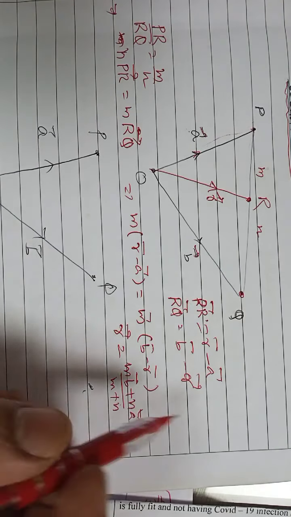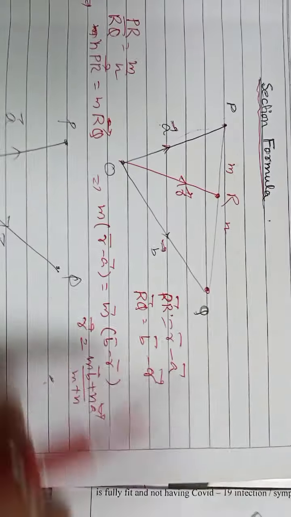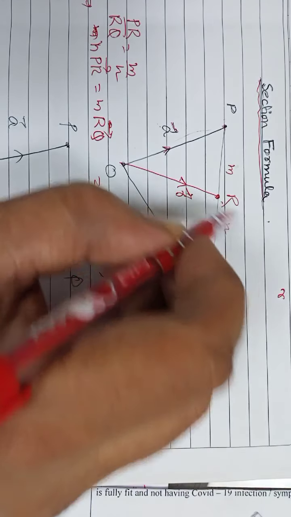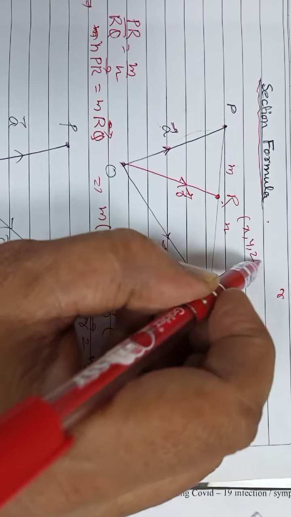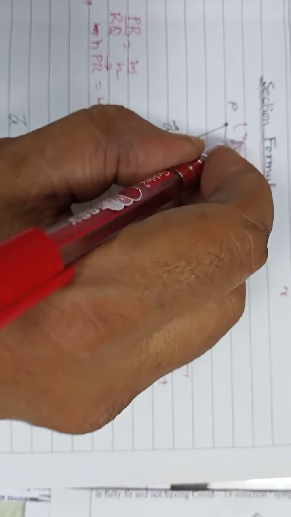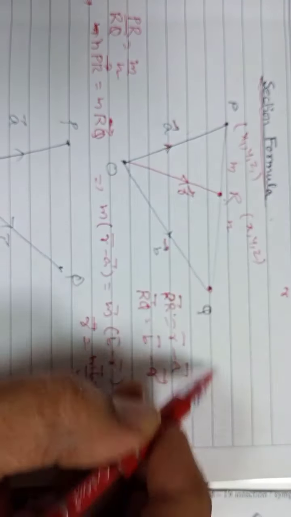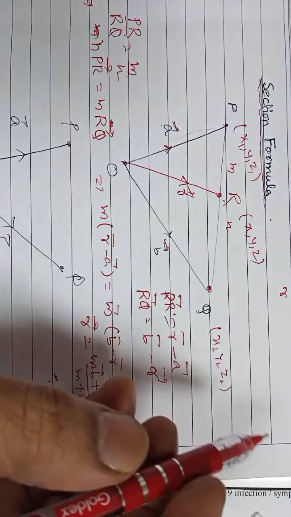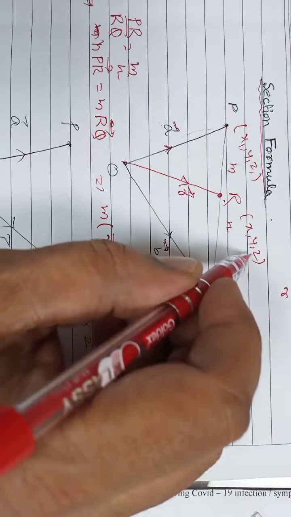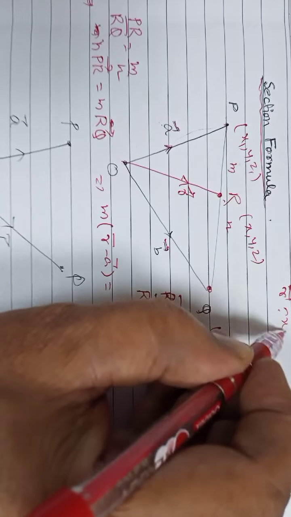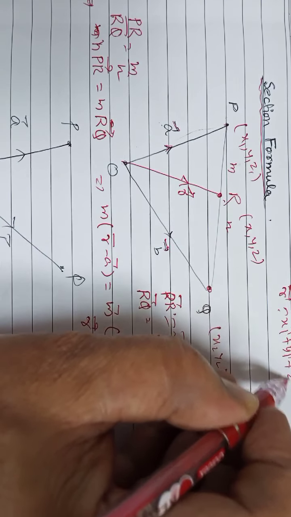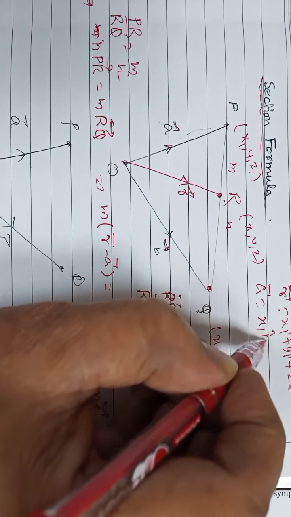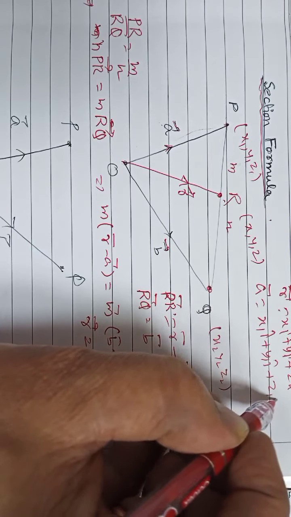It is the same as the section formula we have done in 3-dimensional geometry. If we take point R as x, y, z and P as x1, y1, z1 and Q as x2, y2, z2, then the r vector is equal to x i cap, y j cap plus z k cap. A vector will be x1 i cap, y1 j cap, z1 k cap.